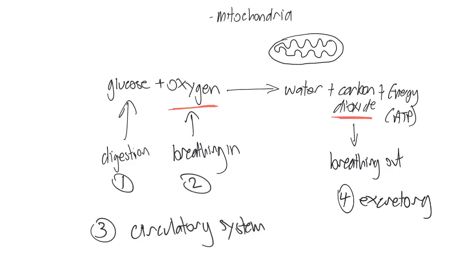Now the excretory system is not one organ system, but in this case we're excreting a waste called carbon dioxide and we're breathing that out. So a number of systems need to work together to be able to provide the requirements of life.